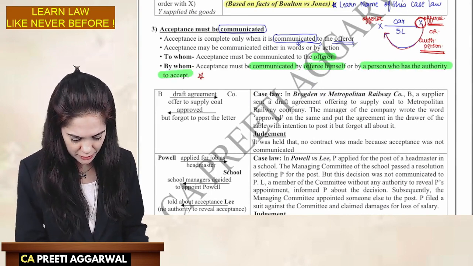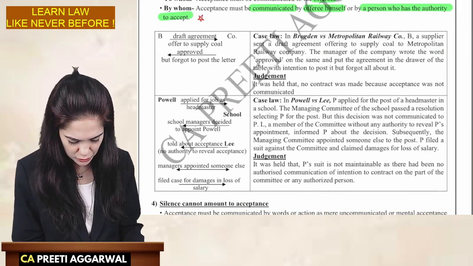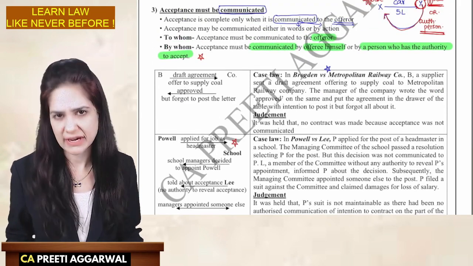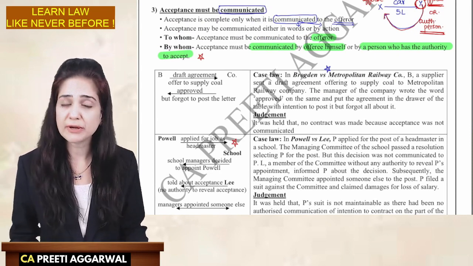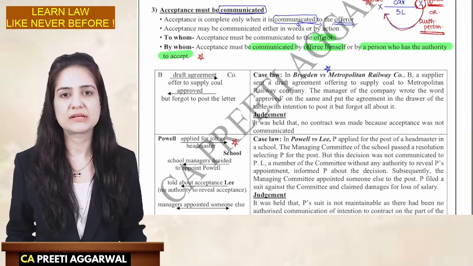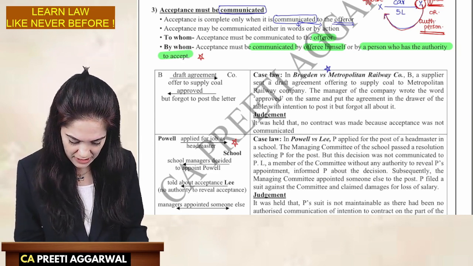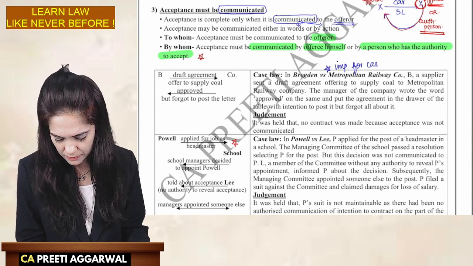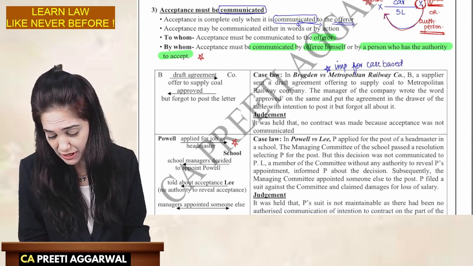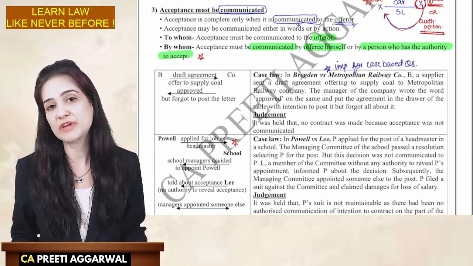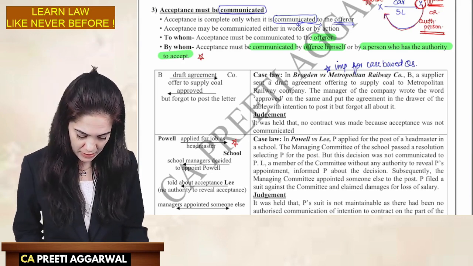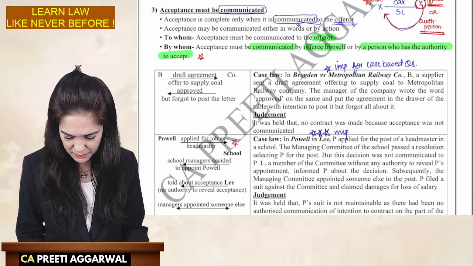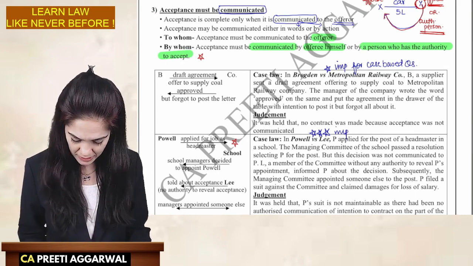This is important for exam. Case law is also important. And this case law, you need to know the facts. Even if you don't remember the name, that is fine, but you need to know the facts. It can be asked as a case-based question. So please highlight this as important for case-based question. I would love it if you write the name of the case law also in the exam. This is extremely important and very frequently asked in the exam.